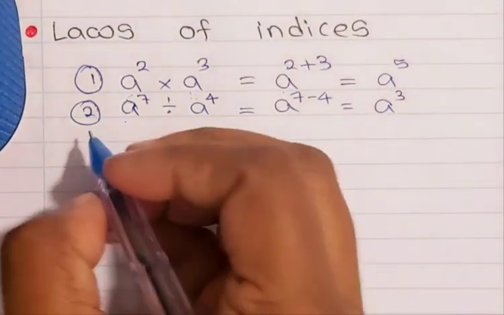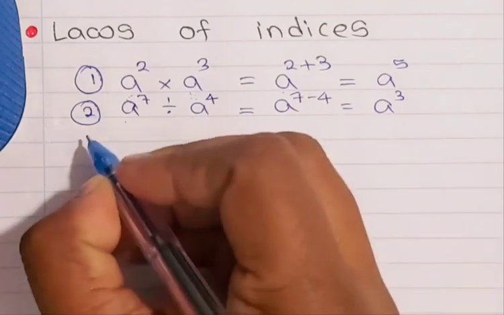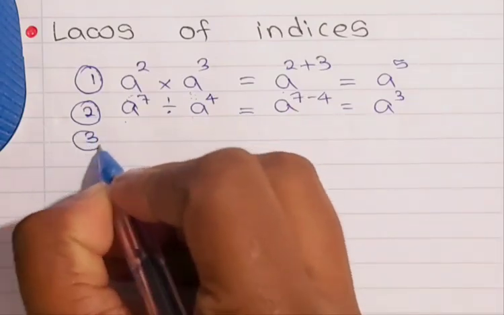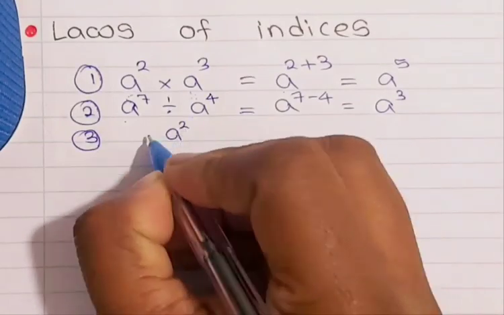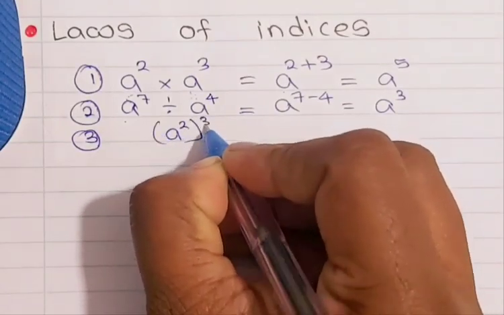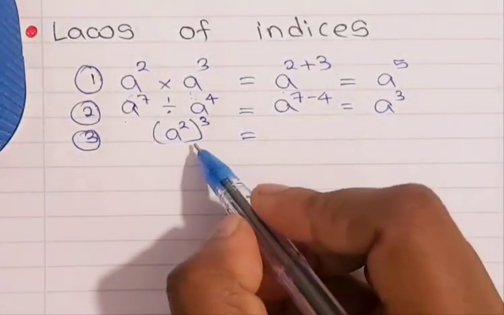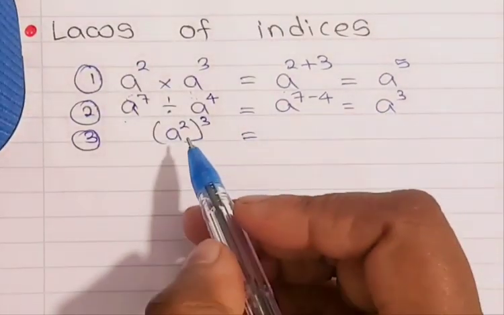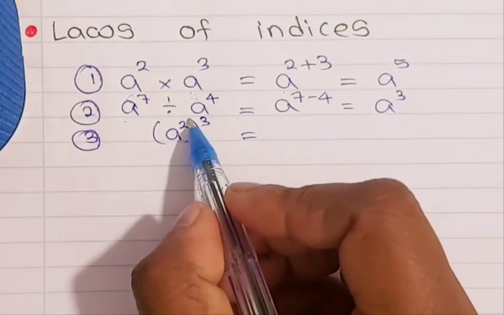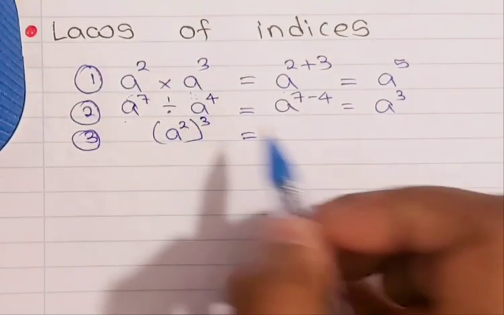Third law I can get like here. If I'm taking a to the power 2 to the power 3, I applied the brackets here. When you are simplifying the brackets in the indices, keep in mind that instead of the bracket I can put multiplication there.